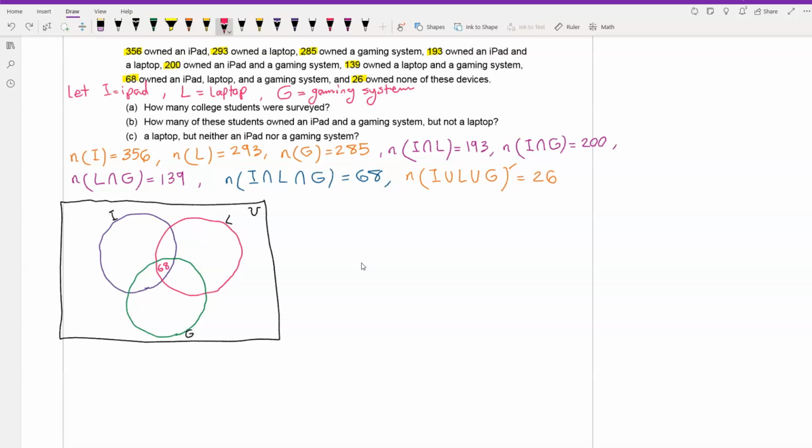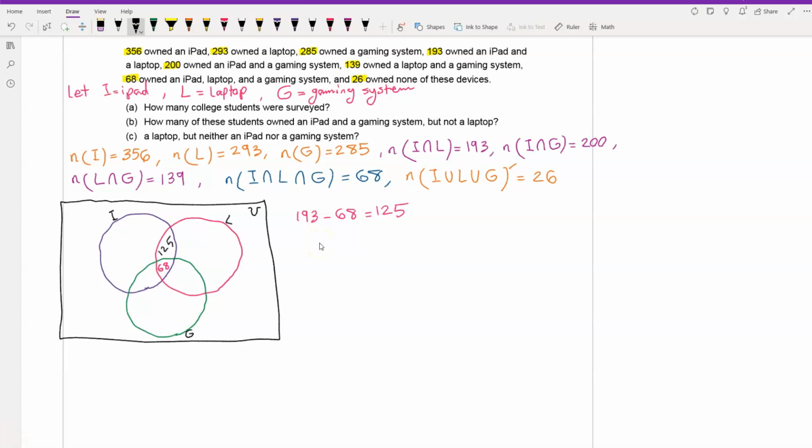So for that one, I'm going to use what we have in common between I and L. It's 193 minus the intersection, because we already have this number here on that part. Here is 125. So for this part, we have 125.